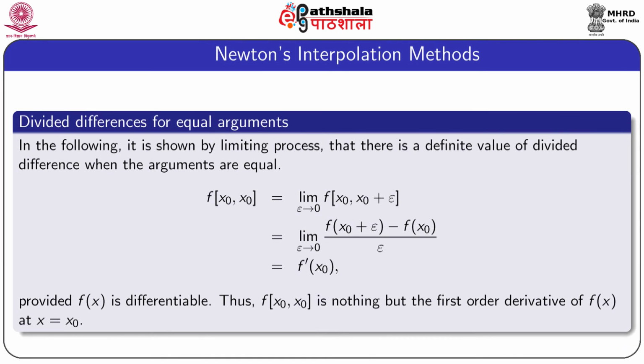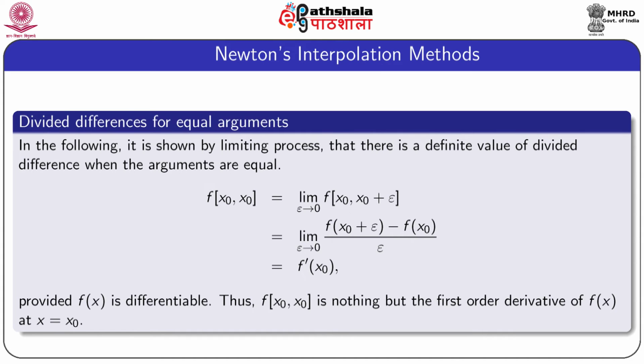But the divided differences are also valid for equal arguments. In the previous slide we defined the divided difference for different arguments, but here we shall define it for equal arguments. For two arguments x0 and x0 the divided difference is defined as limit epsilon tends to 0 of f[x0, x0 plus epsilon].